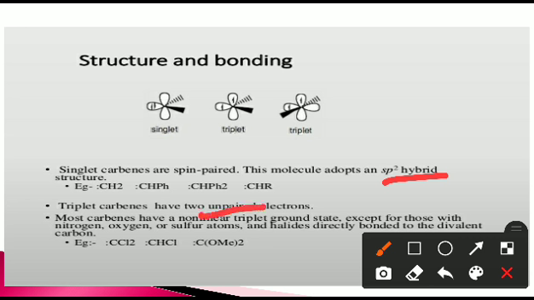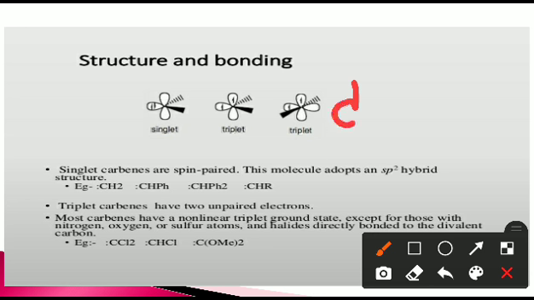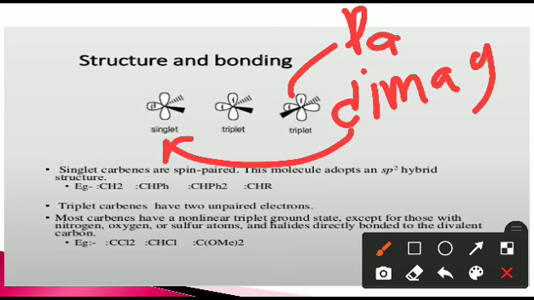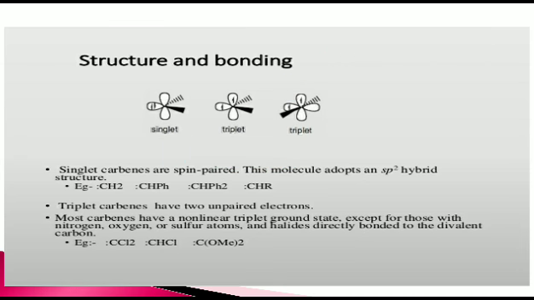The singlet carbene is diamagnetic, and the triplet carbene is paramagnetic in nature. What is an example of the singlet carbene?